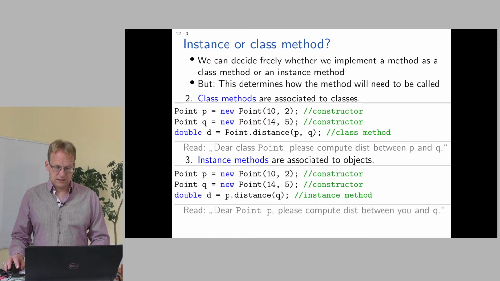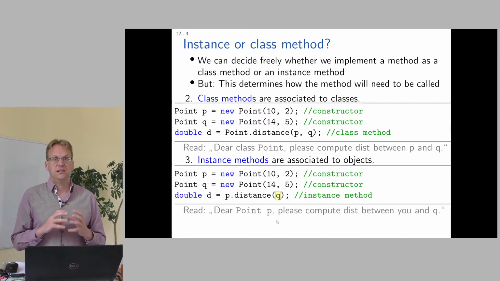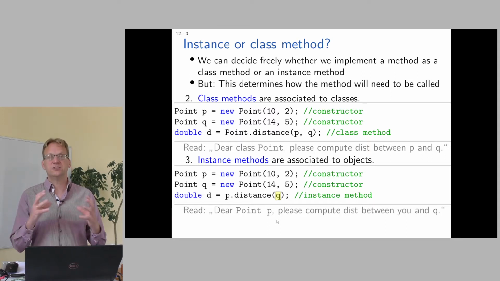So basically here, on the left-hand side of this dot symbol, you have an object, an instance, P. And this object I'm asking, please compute the distance to this second object Q. Of course, because this P is already here, you don't need to provide it as an argument to the method, because the method is called for P. And we have already also knowledge of the attributes of P, so the x coordinate and the y coordinate, if we do this call.